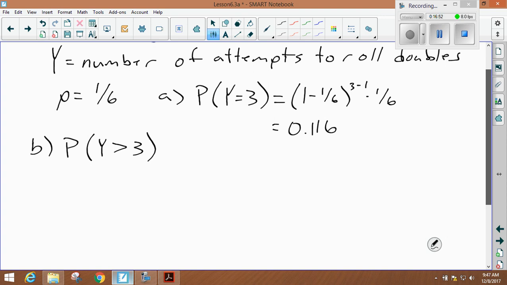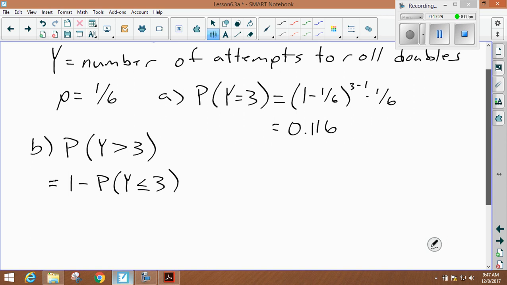That's the probability that you roll doubles on the third try. And for this one, just as Ethan was saying, you would have to take the complement of the probability that Y is less than or equal to 3, right? In order to find that it takes more than 3 times, which is kind of weird because you don't ever roll doubles more than 3 times in Monopoly.